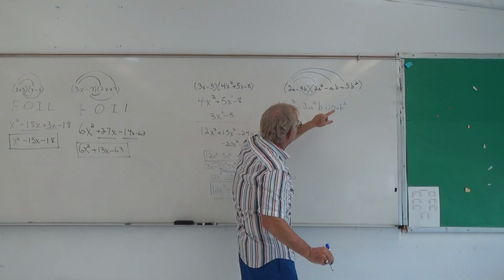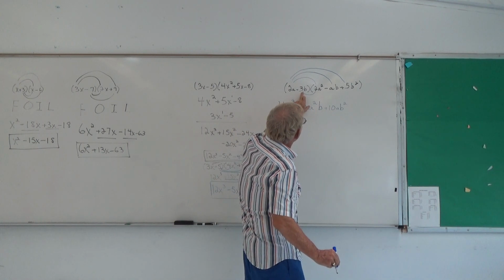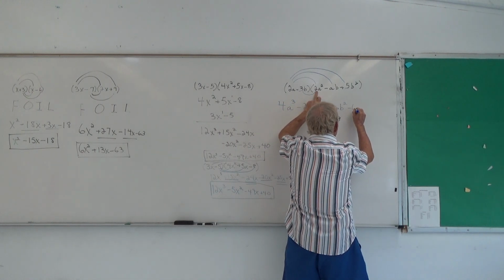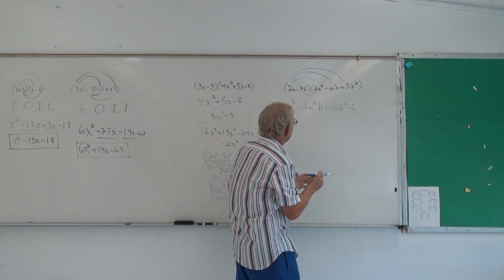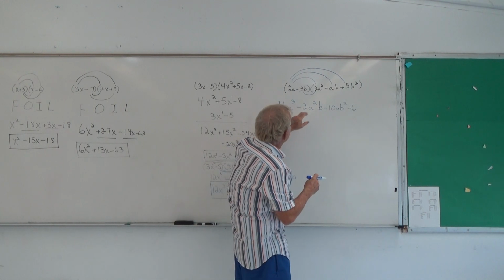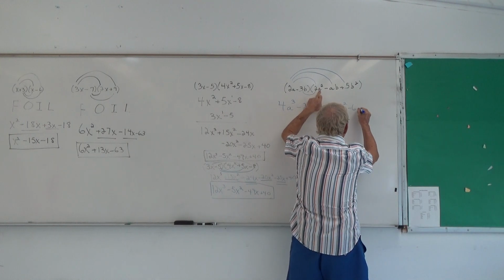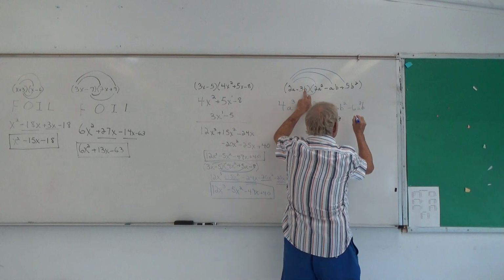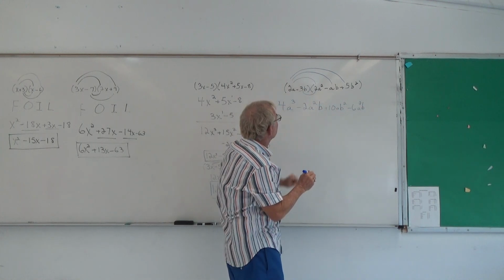But I'm going to put it over there, so you got a -3b times that. And remember, if you write it in the same order, alphabetical, it's easier to collect. You can see it quicker. So we're going to put the a squared first and the b second. Okay.